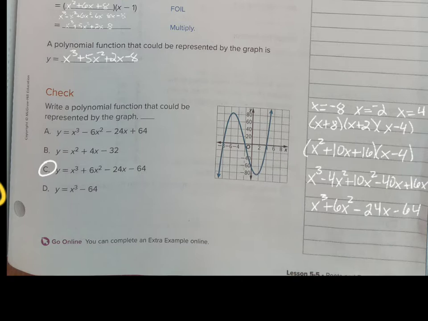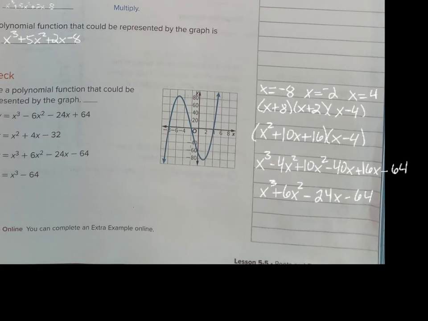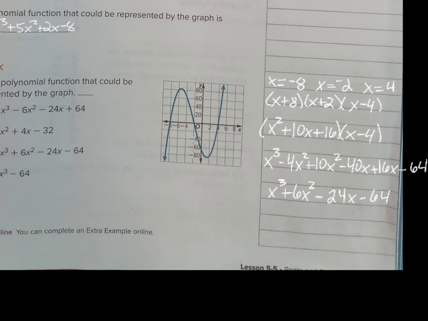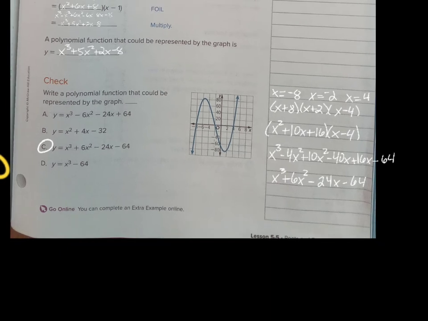Is that okay? I got B. You didn't FOIL all the way then. B would just be if you FOILed x plus 8 and x minus 4. So that part's right, but then you still have to distribute that with x plus 2. Okay, so you just didn't finish it. Anybody else? Okay, one more.